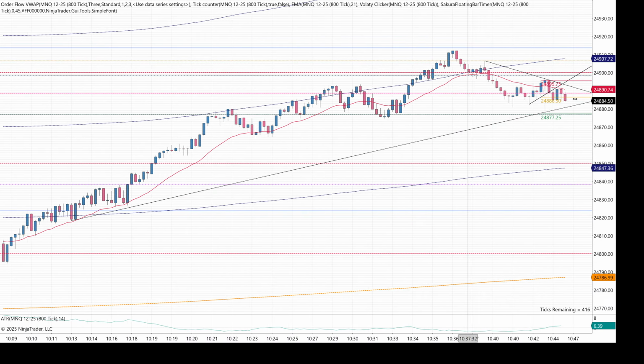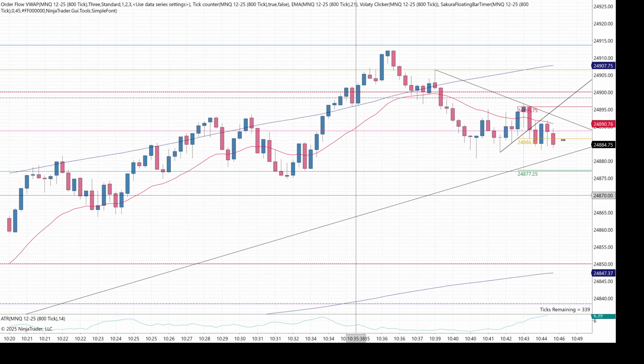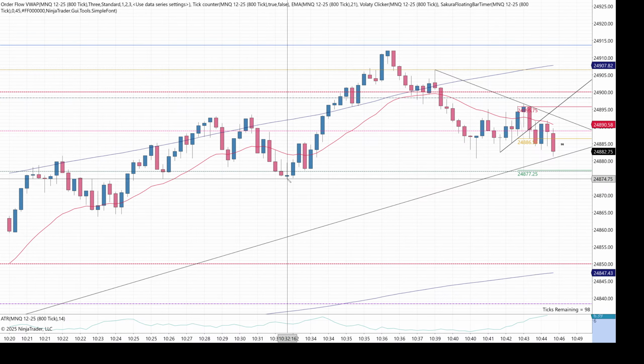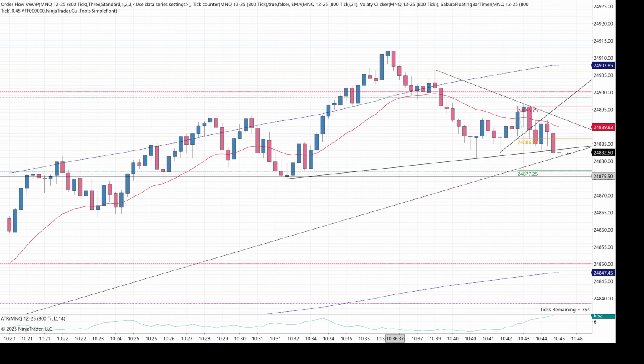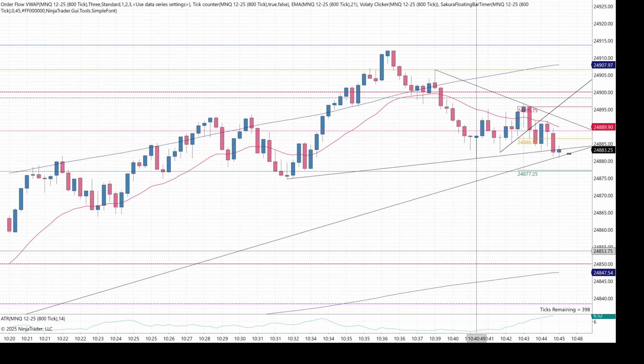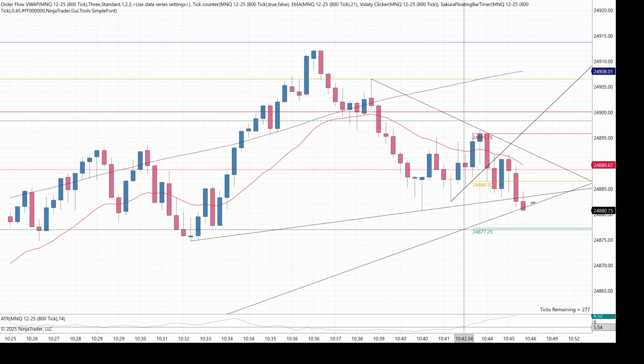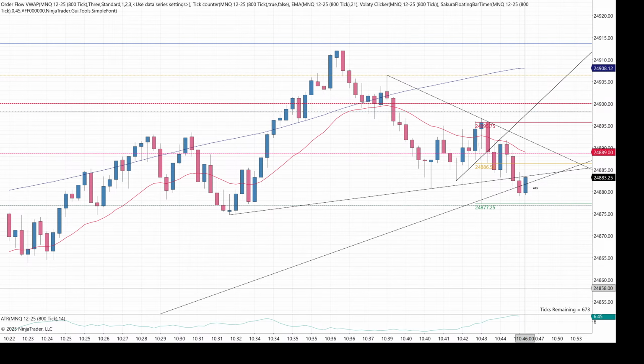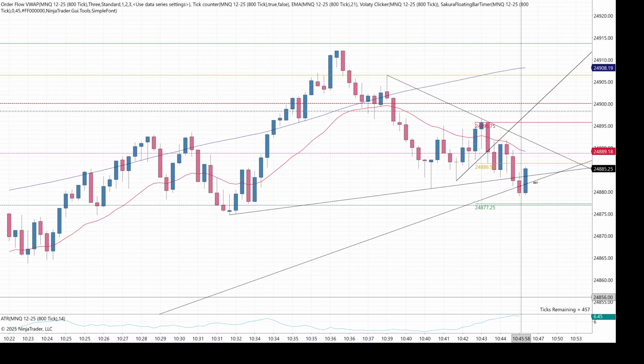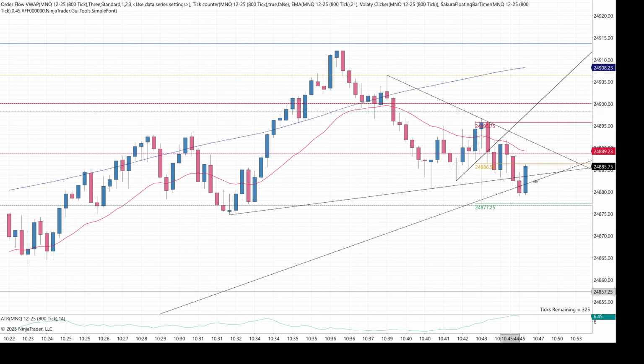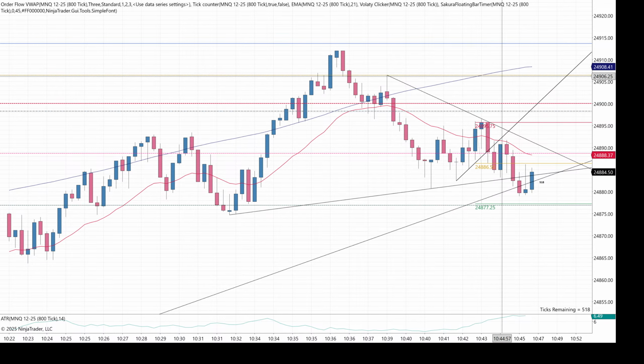Now we are stuck. We had this line too, but we just broke through it right here. Okay, we did make a new low, so we get to move our golden ruler down.